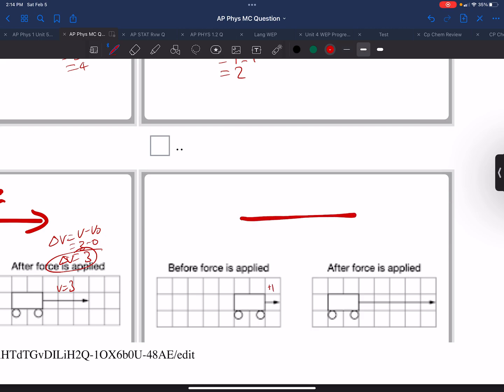For this to have occurred, again, the force is to the right. Afterward, we have a +5. Delta V is V minus V0, and our final velocity is 5, and our initial velocity is 1, so that gives us a delta V equal to 4.